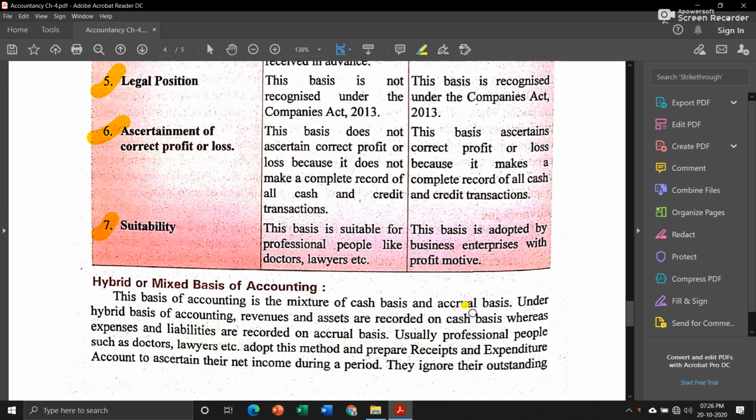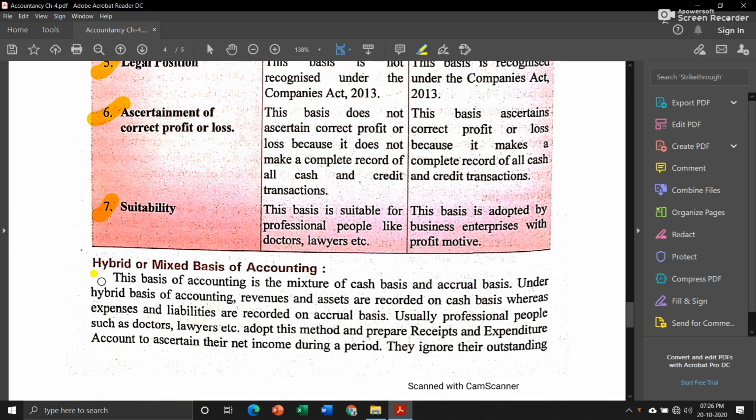Okay. Now the third type of basis of accounting is nothing but a mixture of cash and accrual, that is hybrid or mixed basis of accounting. Now this basis of accounting is a mixture of cash basis and accrual basis. Under this hybrid basis of accounting, revenues and assets are recorded on cash basis, means all the day-to-day transactions and assets will be recorded under cash basis, but expenses and liabilities are recorded on accrual basis.